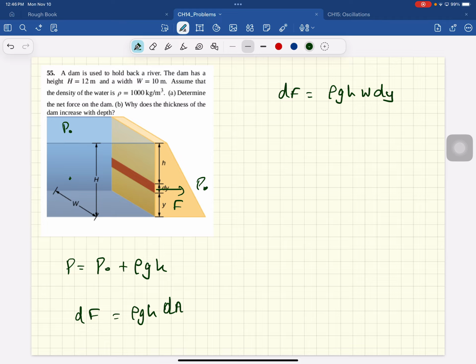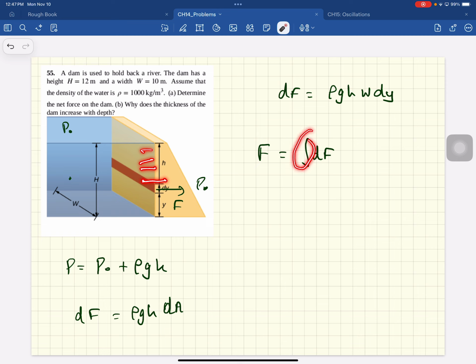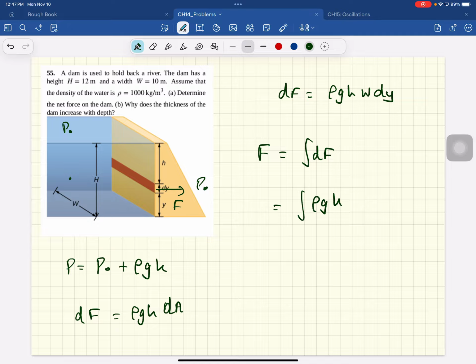Now the total force is the sum of all those forces: the force on this strip plus the force on this strip plus that. That's what this integral is. So rho g h w dy. We're doing an integral over y, so let's write everything in terms of y. What does y change from?